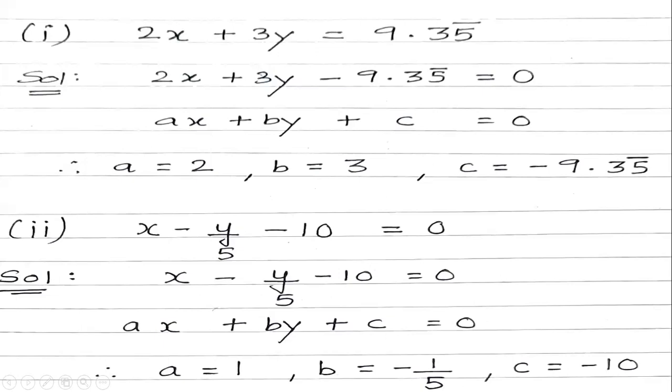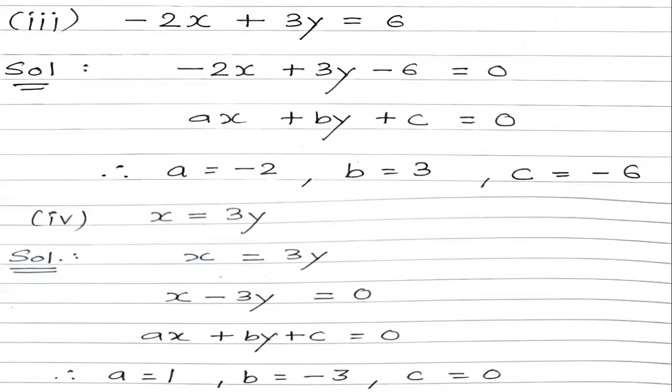Now, x, which is part of the equation, refers to 1x. Therefore, a is equal to 1, b is equal to minus 1 upon 5, since y has a numerical coefficient of 1. Along with the sign, we mention that b is equal to minus 1 upon 5 and c is equal to minus 10. I hope that is clear to you all.